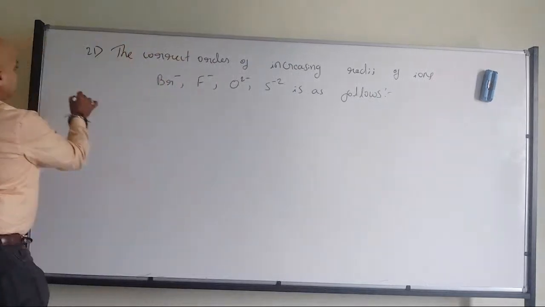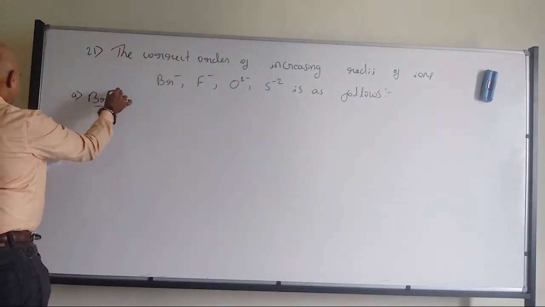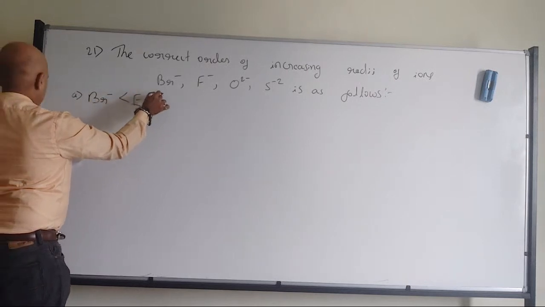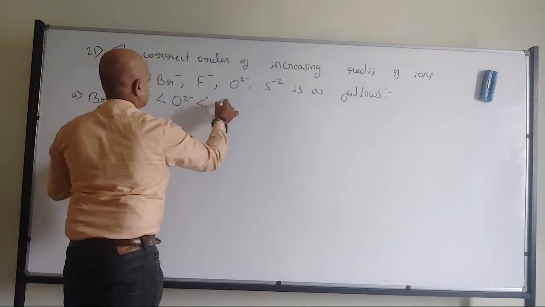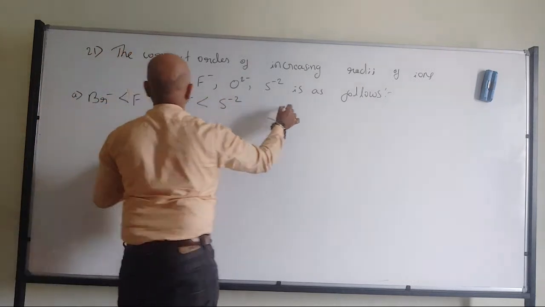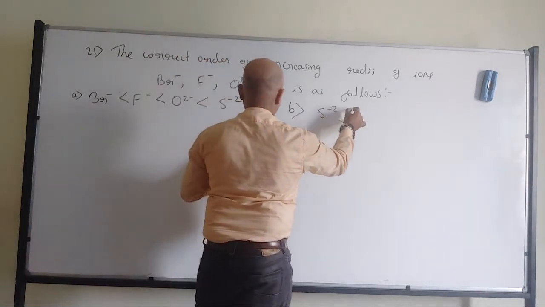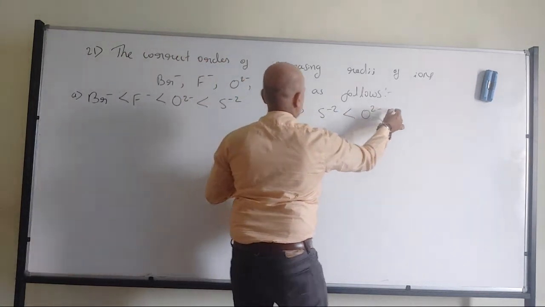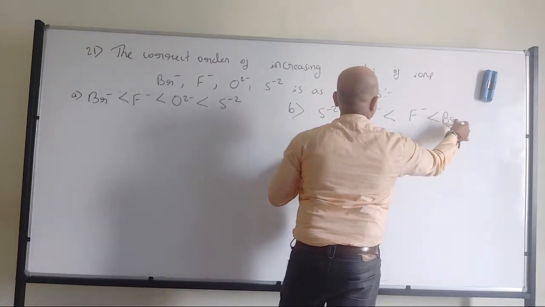Option A, bromide less than fluoride, less than oxide and less than sulfide. Option B, sulfide less than oxide, less than fluoride and less than bromide.